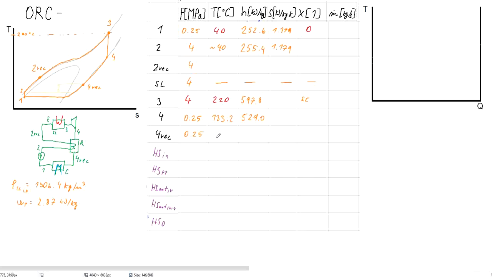Now the point 2 for recuperated. So again the temperature goes 40 plus 25, which is 65 degrees C, and for that the enthalpy would be 451.5.